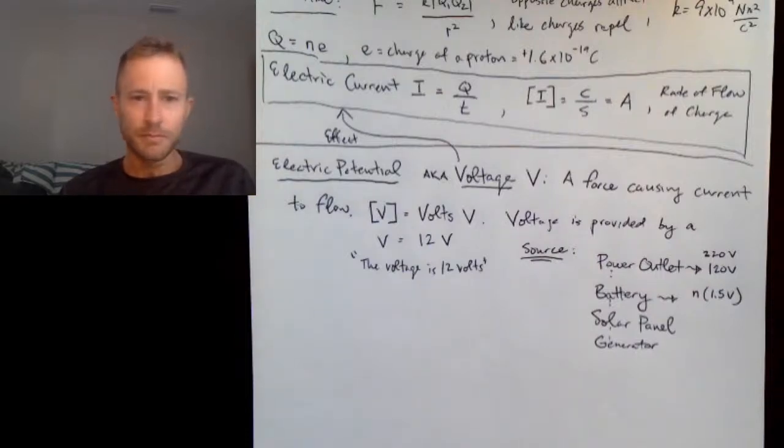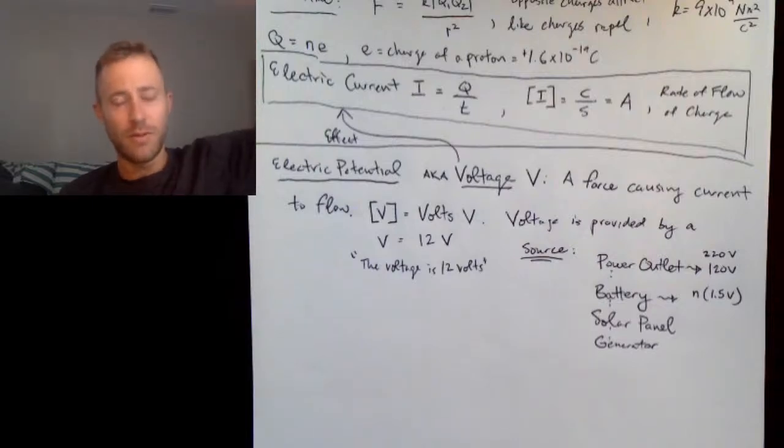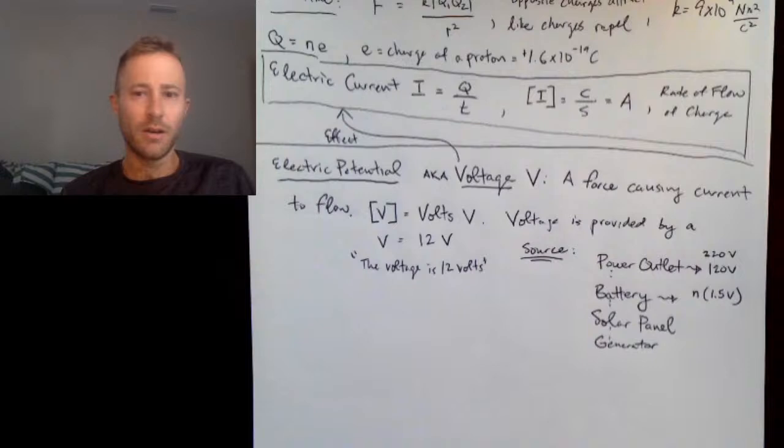Solar panels can output a variety of voltages, and that voltage depends somewhat on the level of insolation. So, you know, how much sun is there.